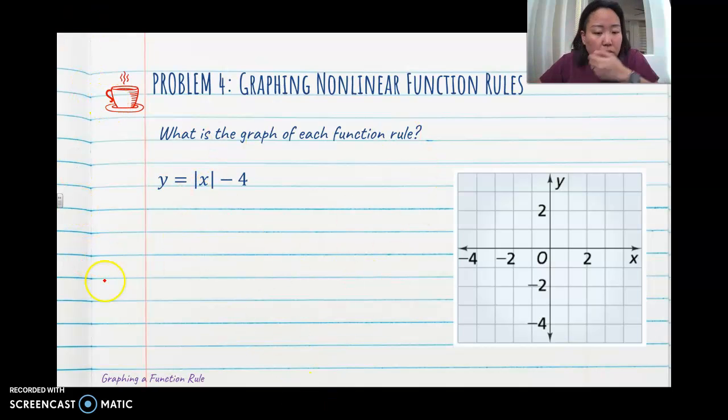Okay, so we have our x values first. We typically start with the numbers that are very close to 0. And then we will have our y value, which is the absolute value of x minus 4. Okay, so this is your y. And then here we will get our ordered pair, which is (x, y).